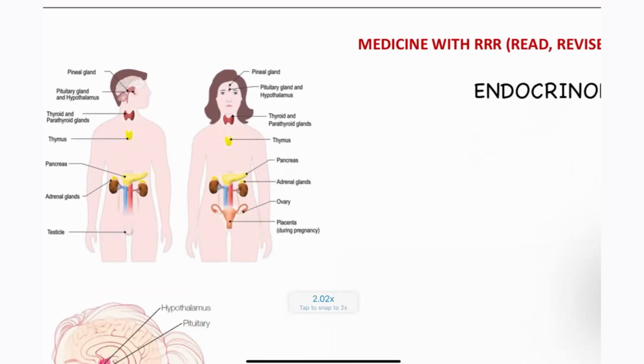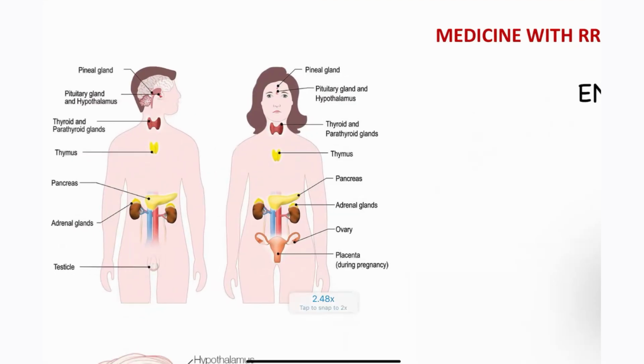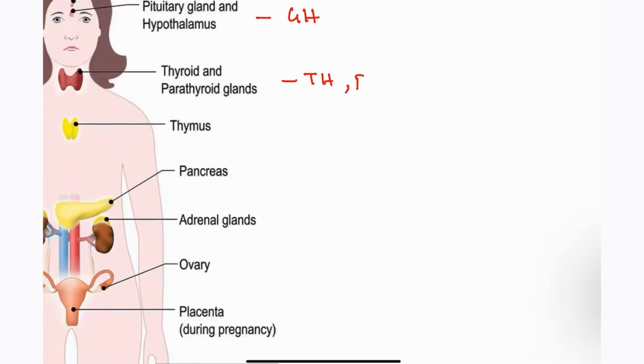In endocrinology, you all know that we have multiple glands, right? All these endocrine glands are going to produce specific hormones, right? For example, the pineal gland is going to produce melatonin, right? The pituitary gland is going to produce growth hormone. The thyroid is going to produce thyroid hormone, and also parathyroid hormone.